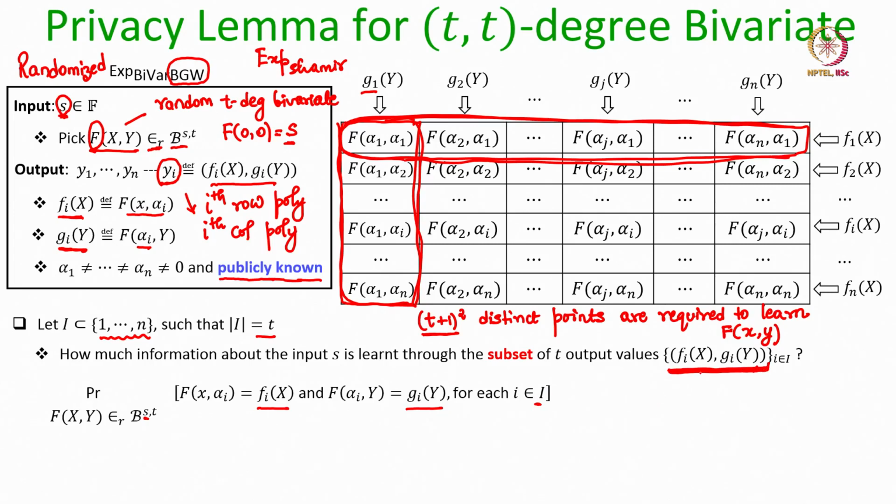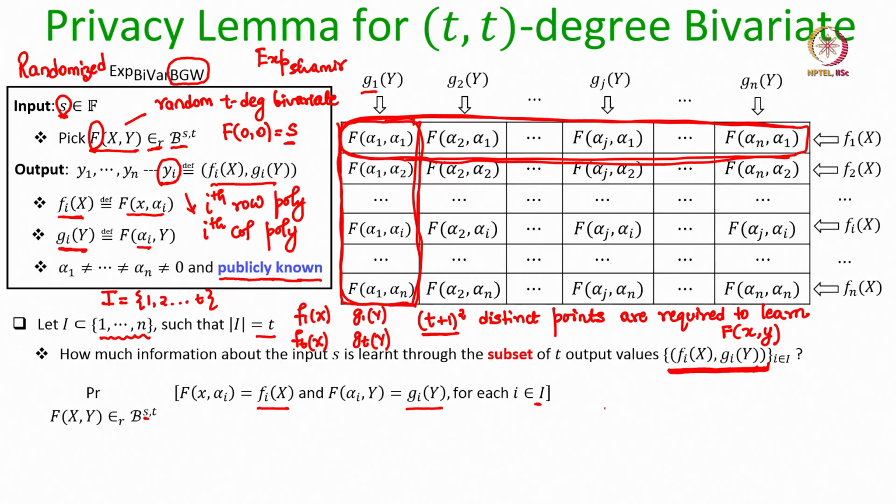So, for simplicity, let us say we fix I to be the first t locations. Okay. So, f1 of x up to ft of x and g1 of y to gt of y.